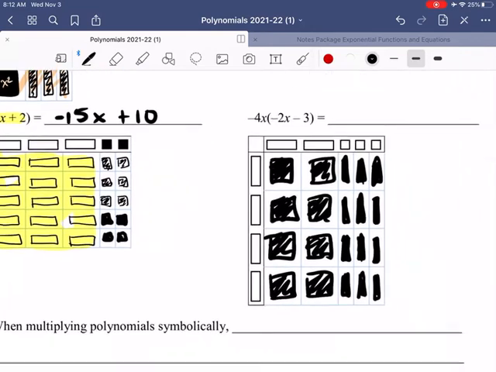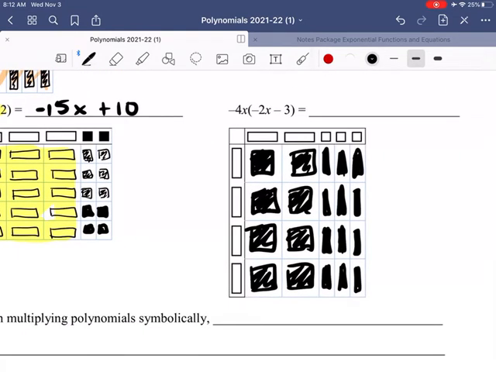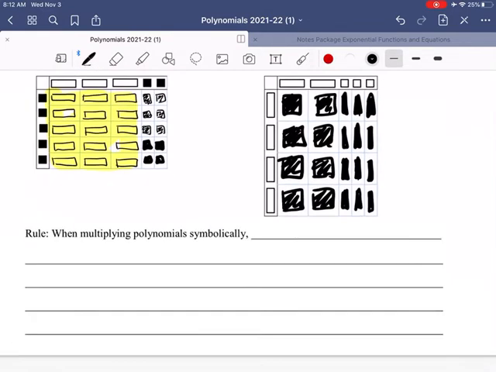Okay, and let's write down what we've drawn. Not the stuff that was there before, but the new stuff that we've drawn. So we've got positive 8x, so 8x squared, and we've got 12x's, so 8x squared plus 12x.